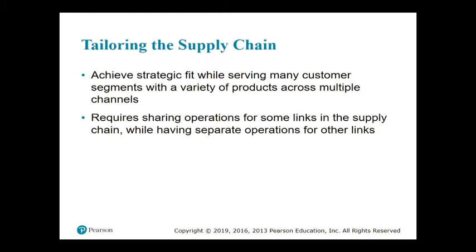Right, so for example, maybe we'll have different products sharing the same facility in a company, but we differentiate the shipping of these products to serve different segments of demand.